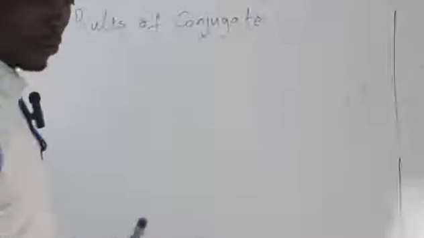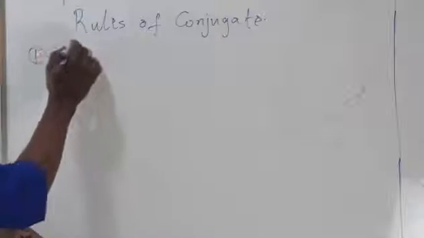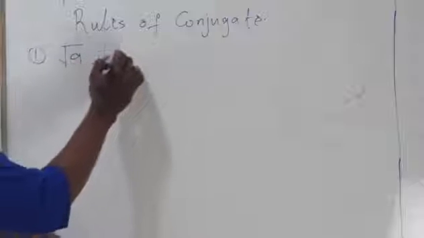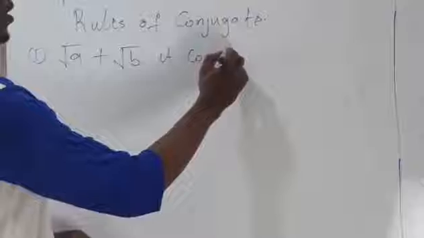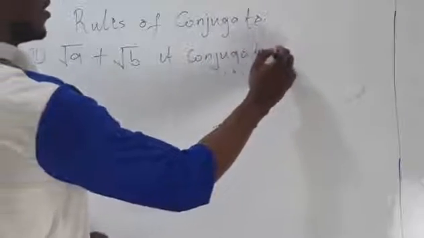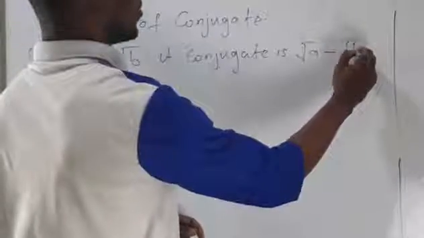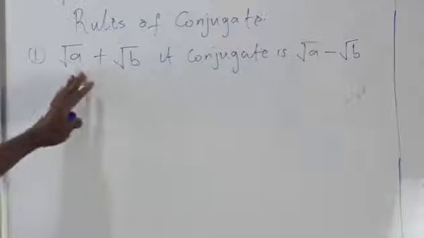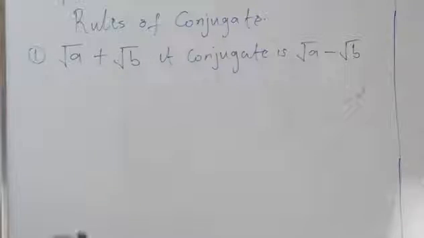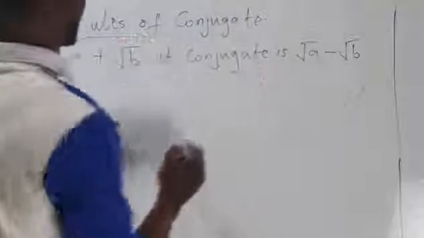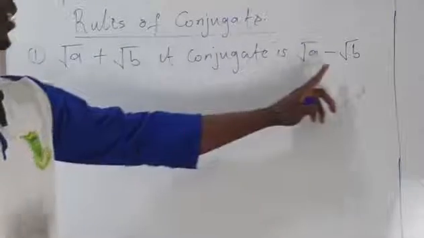We start with the first rule, which states that root A plus root B has conjugate root A minus root B. So the rule of the conjugate says if you have a plus in between the given surd, the plus sign will change to minus.